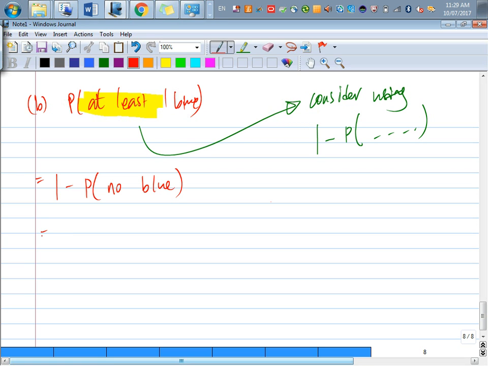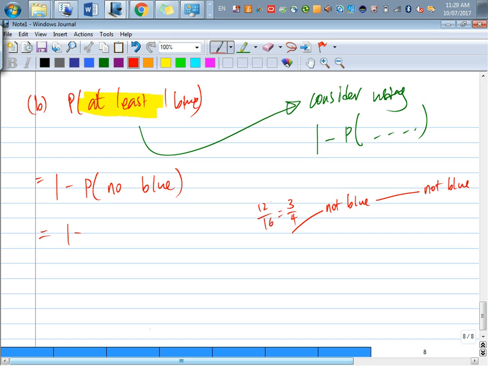Okay? To find probability of no blue, first one is not blue, then the second one also not blue. What's the probability the first one is not blue? Will be 3 over 4. Or rather, because I skipped that, 12 over 16.